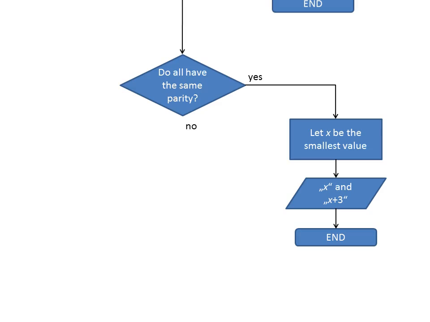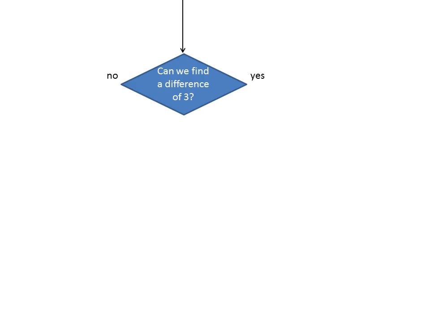So the next case is that we do not have the same parity for all dice, and so then the next question is, can we find 2 dice that differ by exactly 3 in their values? Another yes or no question, of course. So if the answer is yes, we know that we have 3 dice where one is value x and another is x plus 3.